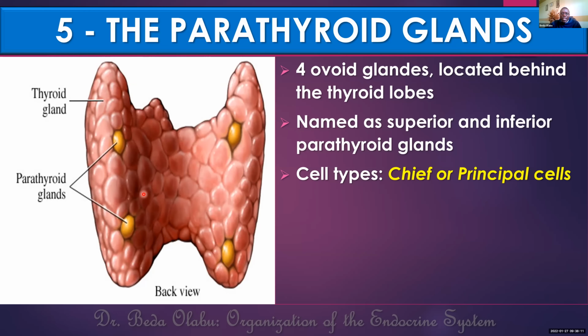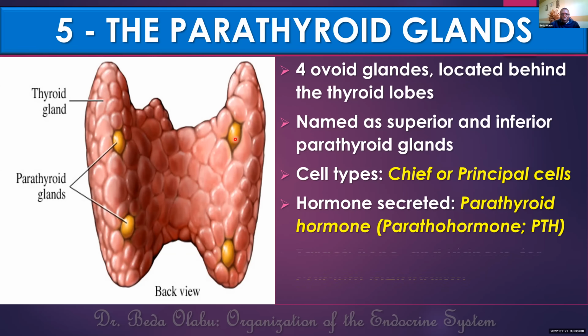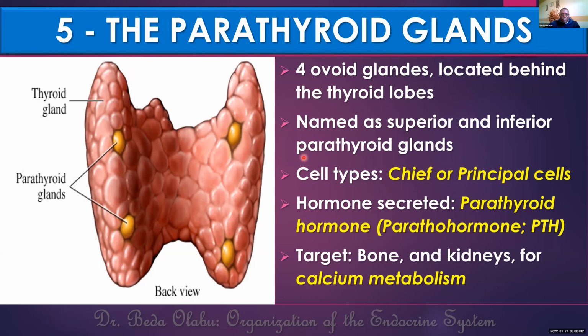There's nothing much to say, but the key cell types within here are called the chief cells or the principal cells. And these are the cells which produce the hormone, parathyroid hormone, also known as PTH. This hormone targets bone tissue and kidneys, and it influences calcium metabolism.